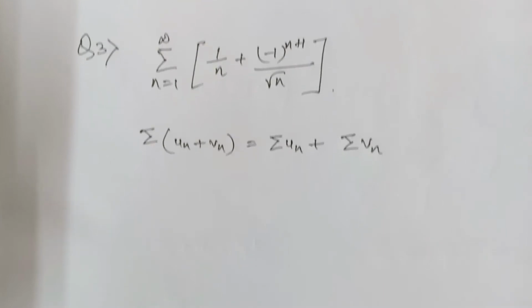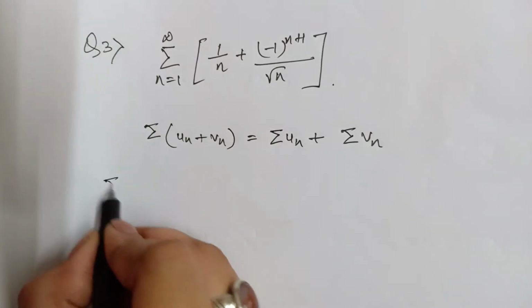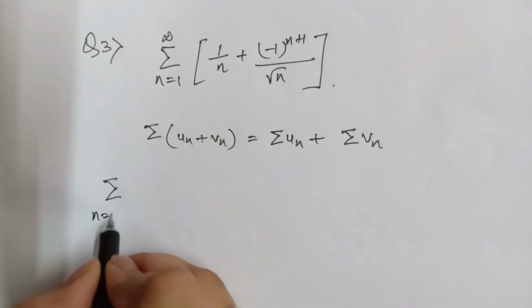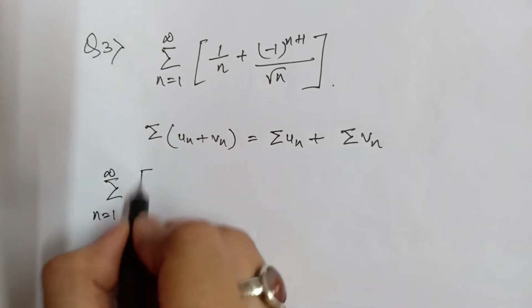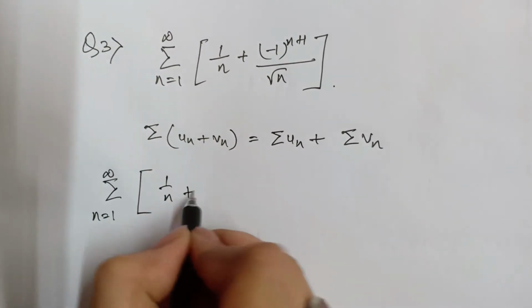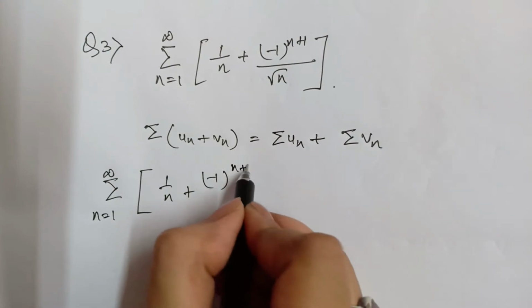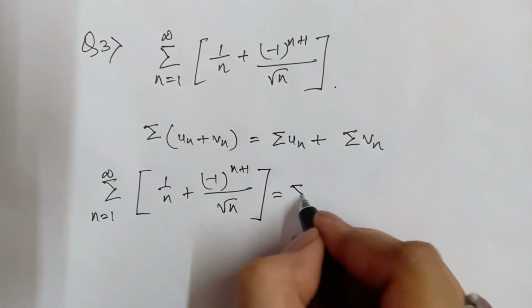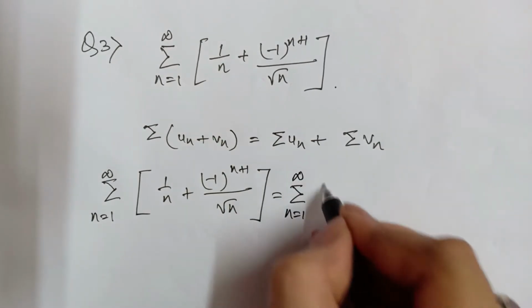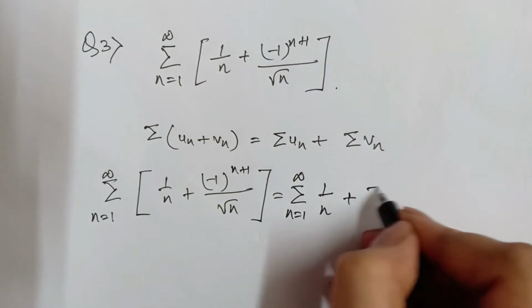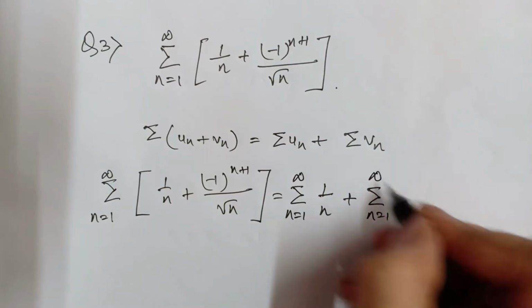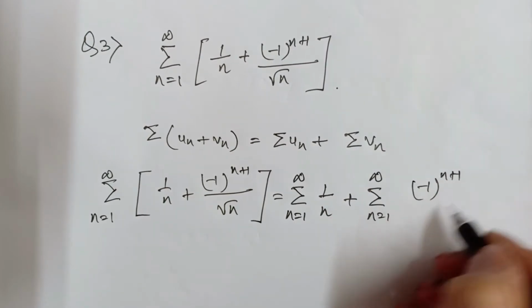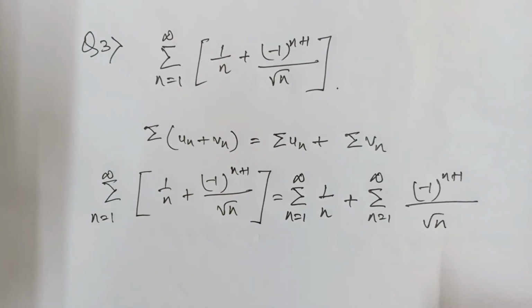So the given series can be written as summation n equals to 1 to infinity 1 by n plus minus 1 to the power n plus 1 by root n equals to summation n equal to 1 to infinity 1 by n plus summation n equals to 1 to infinity minus 1 to the power n plus 1 by root n.